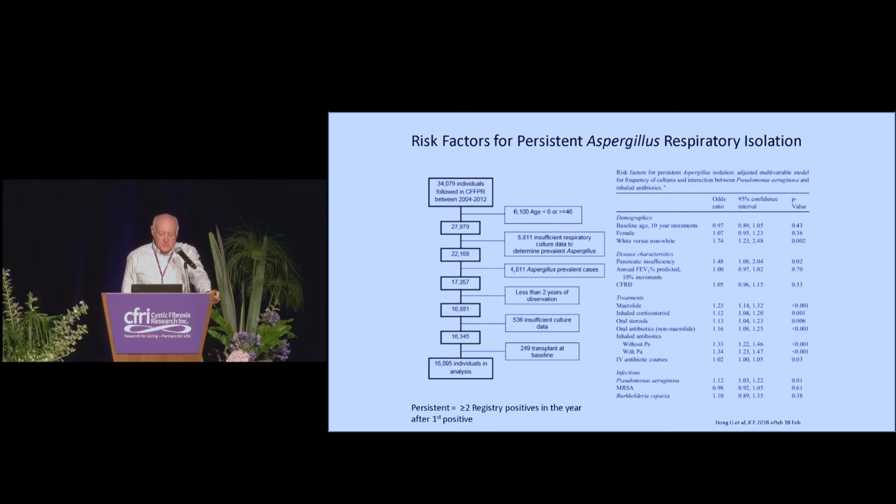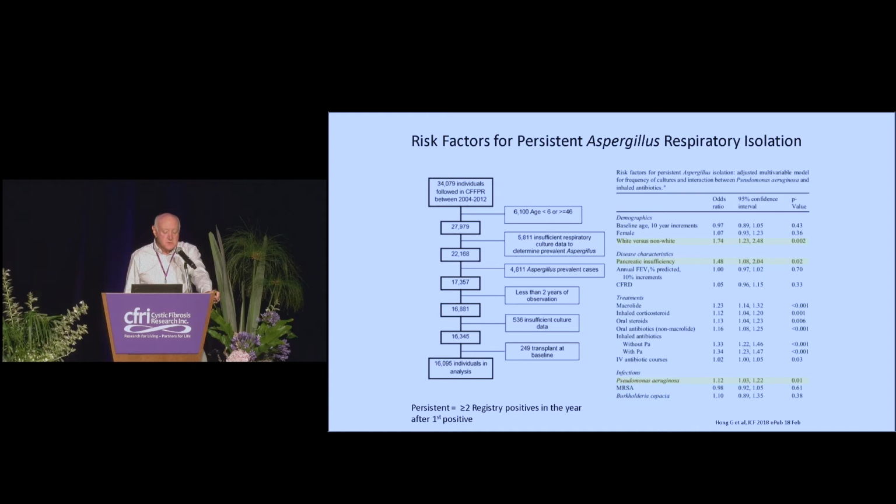And looking at the results here in the form of this table, some of these are demographic differences that show up as statistically significant. It turns out that being white is a bit more of a risk factor. Of course, this applies to most patients with CF. Having pancreatic insufficiency is a risk factor. Again, most patients have this problem, so this is not particularly helpful.